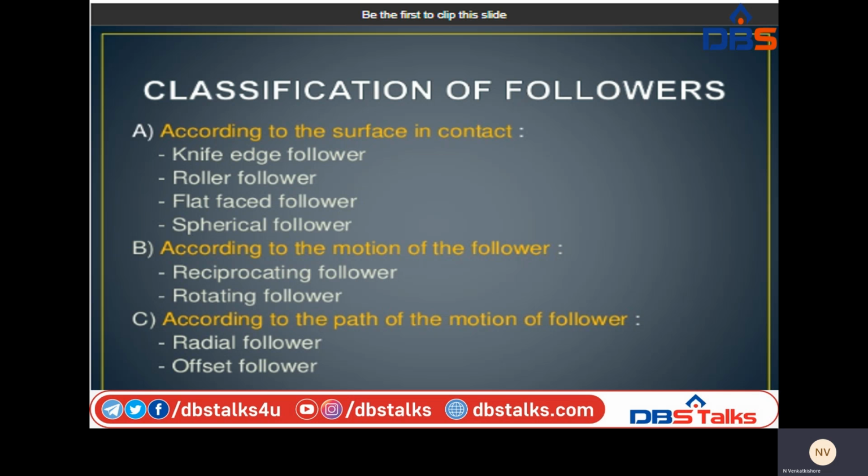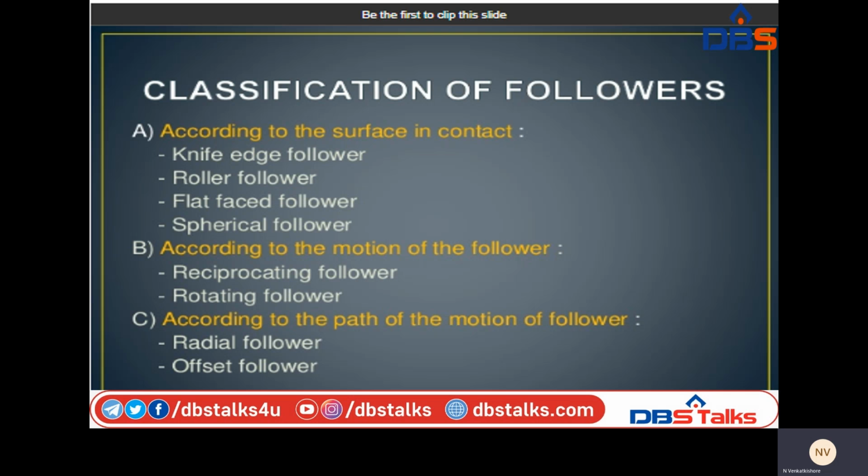The operating inlet and outlet valves of IC engines are examples, and the feed mechanism of automatic lathes and spinning and weaving machines also use the cam and follower mechanism.